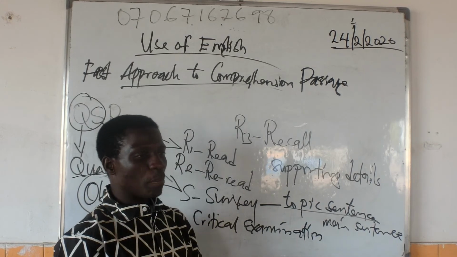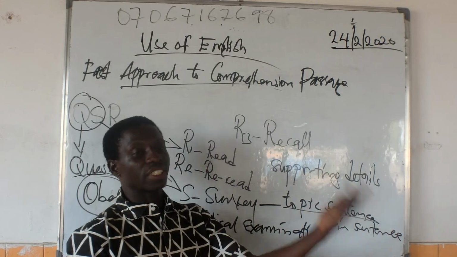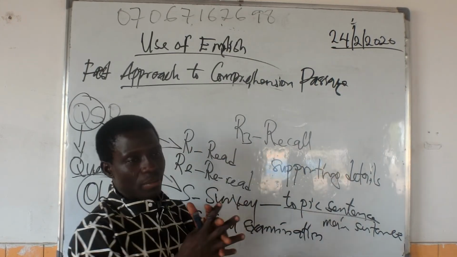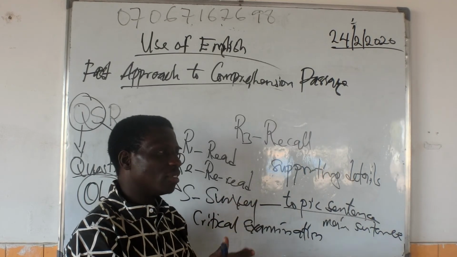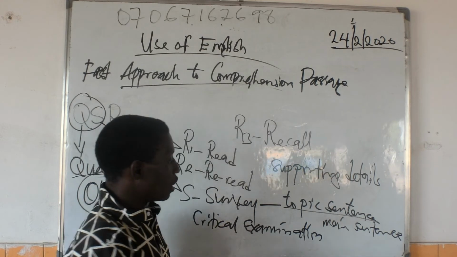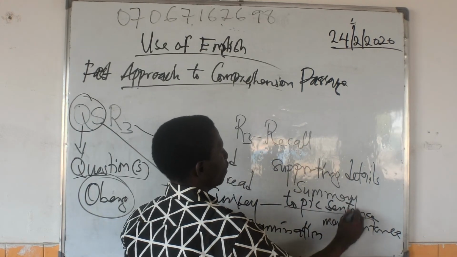So if you have 3 paragraphs, it means that you have to identify 3 topic sentences in the whole passage, then merge them or marry them together, and the marriage you conduct for them will give you the sense of a summary. Are you getting me?